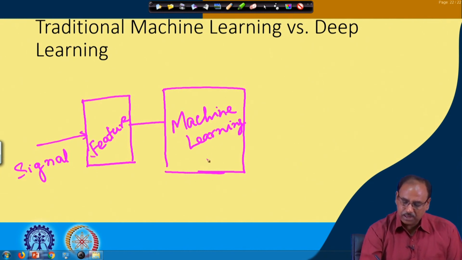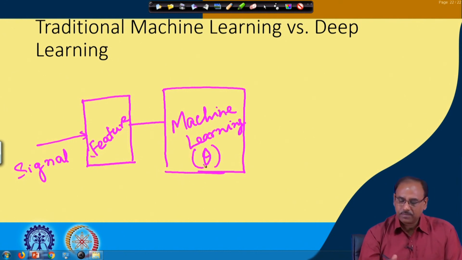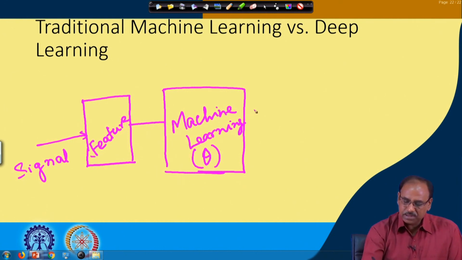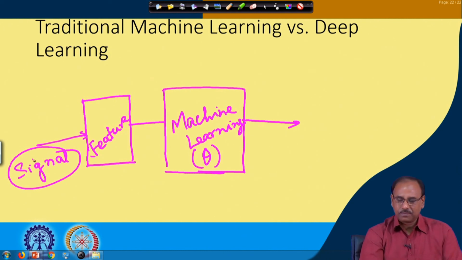This machine learning algorithm has a set of parameters, theta, and using this algorithm, you take a decision on this input signal, what it is.